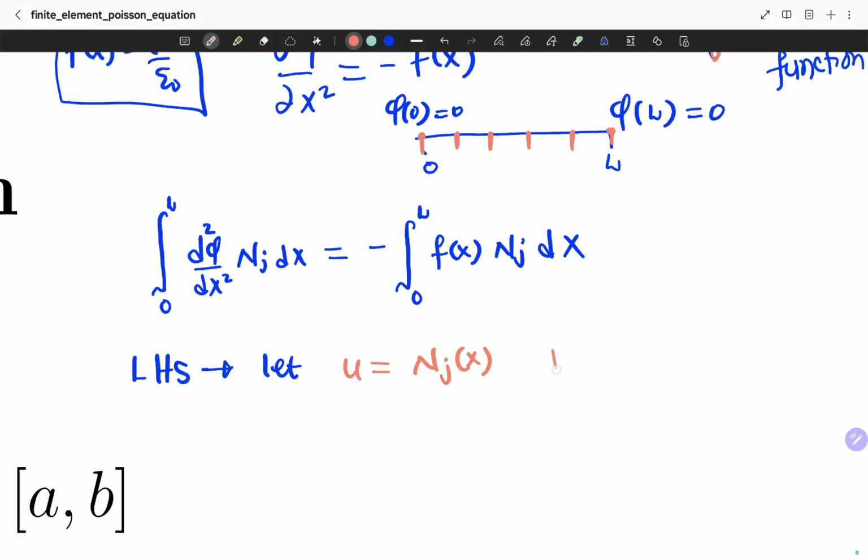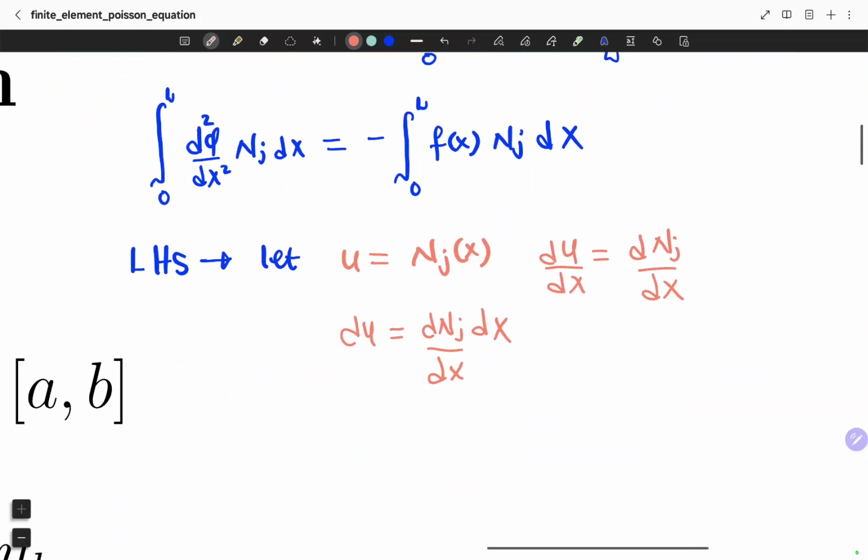And here du by dx would be dnj by dx, and then you can have du equals dnj by dx.